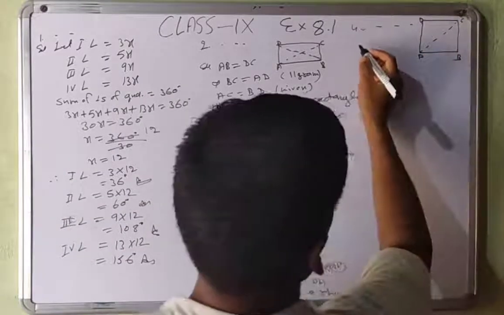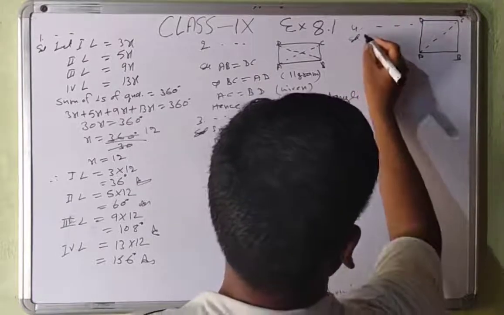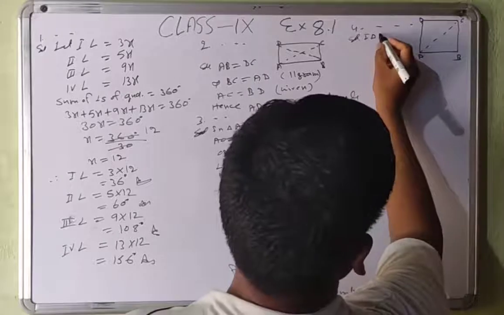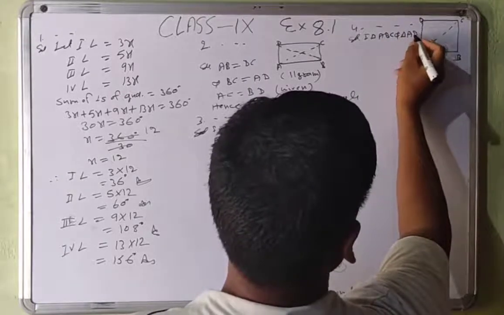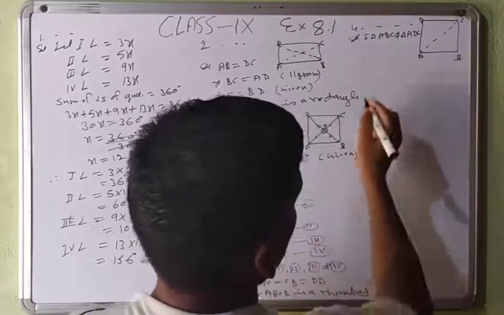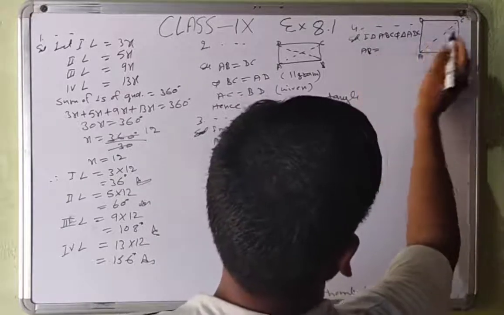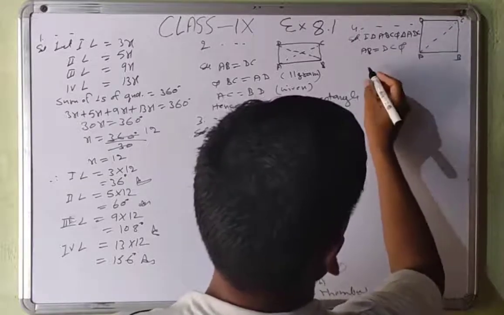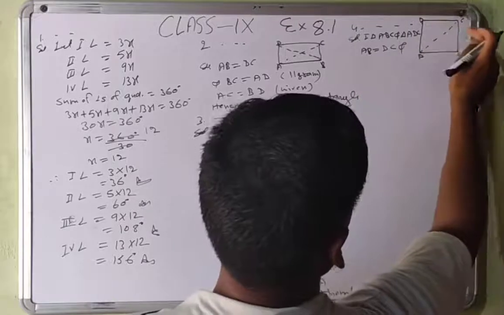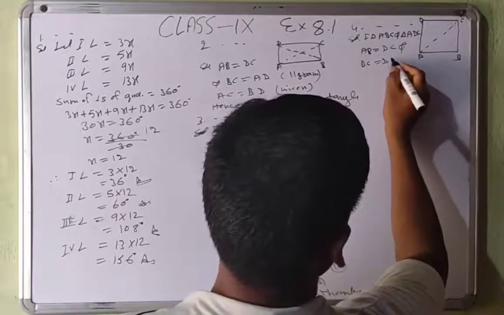Solution: in triangle ABC and triangle ADC, AB is equal to CD and BC is equal to DA.